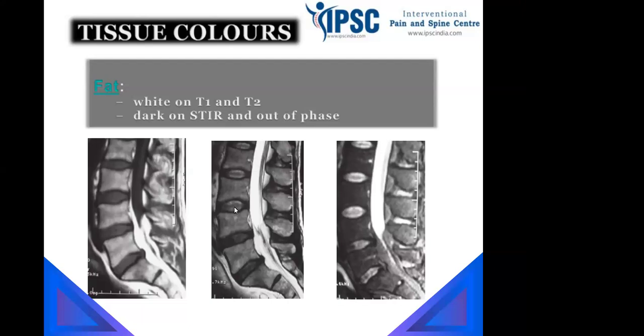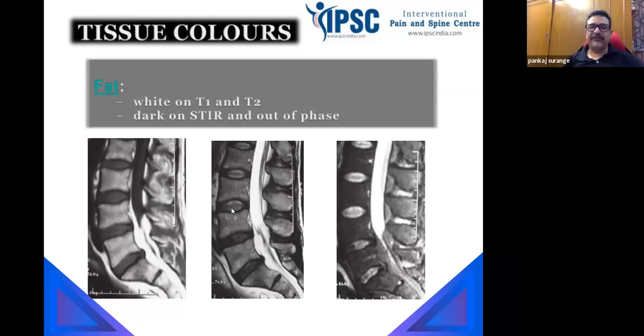Hydrated portions look white on T2, whereas wherever water is there, it will look dark on T1 images. This is a sign of a healthy disc. When we start losing hydration, it becomes dark like this.